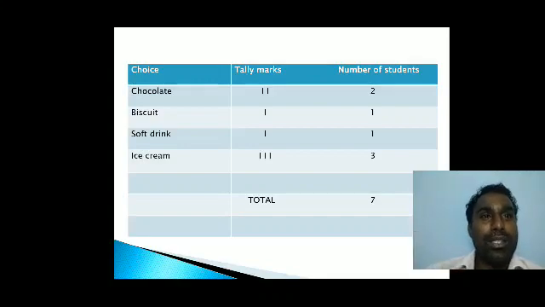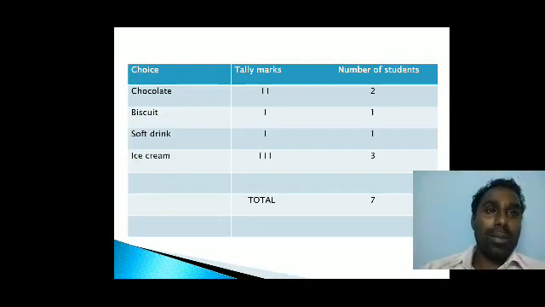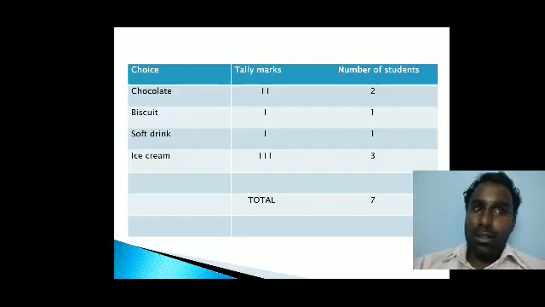It is nothing but for counting, one linear line you put. For chocolate 1, 2, each one represents 1 and 1. It's not 11, it's not 111, each one is 1, that is tally marks. So 1 and 1 is 2. So number of students 2, and biscuit 1.